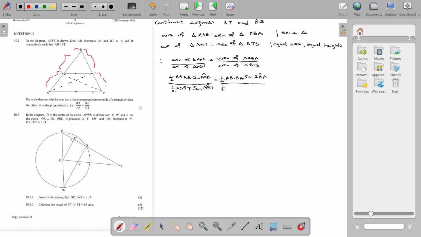Then the sides will take BT, then TS, sine of the included angle, which is BTS.